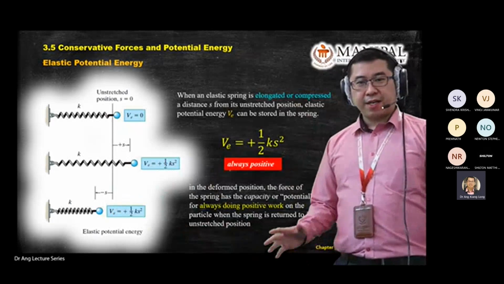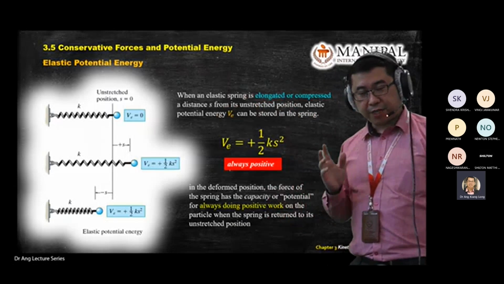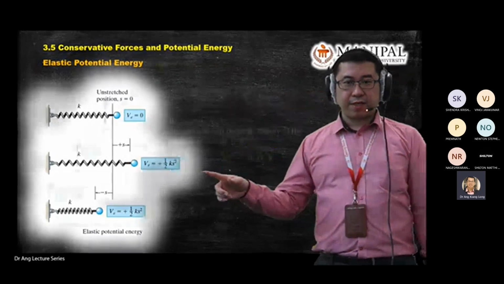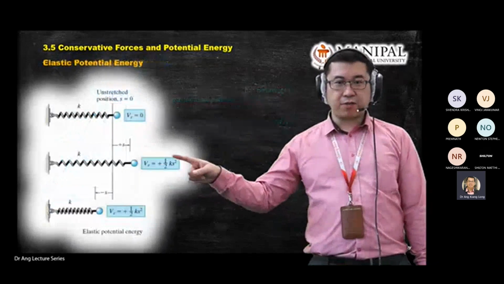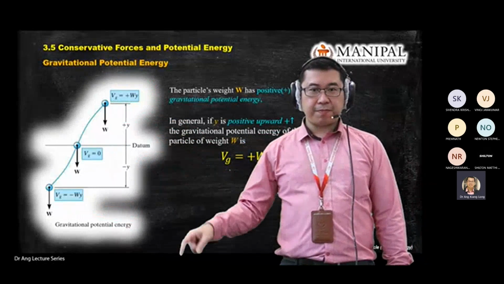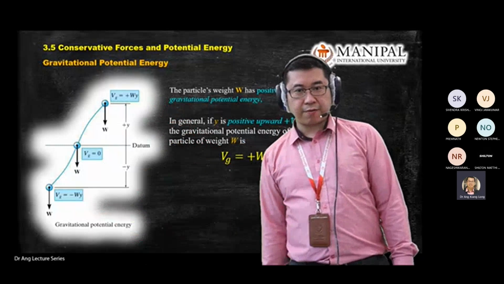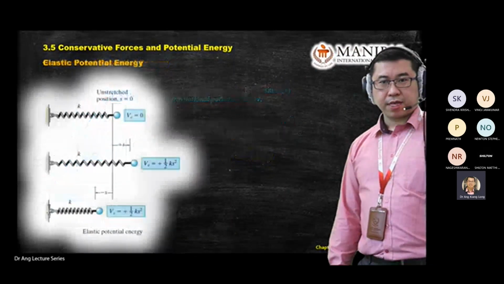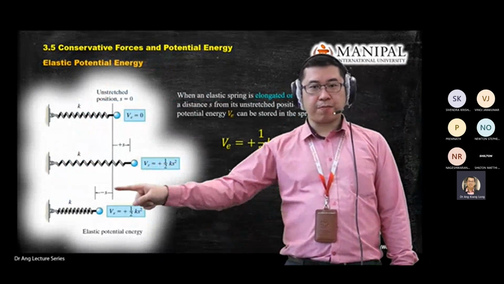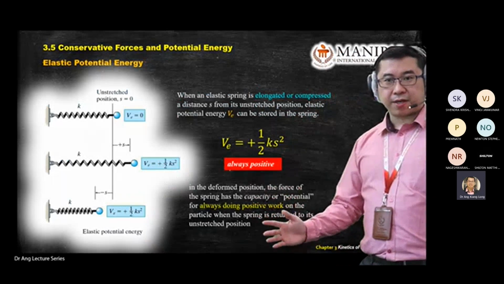Take care of that. There is a difference between spring and gravitational potential energy just now. Just take note: gravitational potential energy depends on your datum. Above the datum you get positive, below the datum you get negative energy. However, when it comes to a spring, it is always positive, no matter whether you pull or compress. The rest you can read over here.